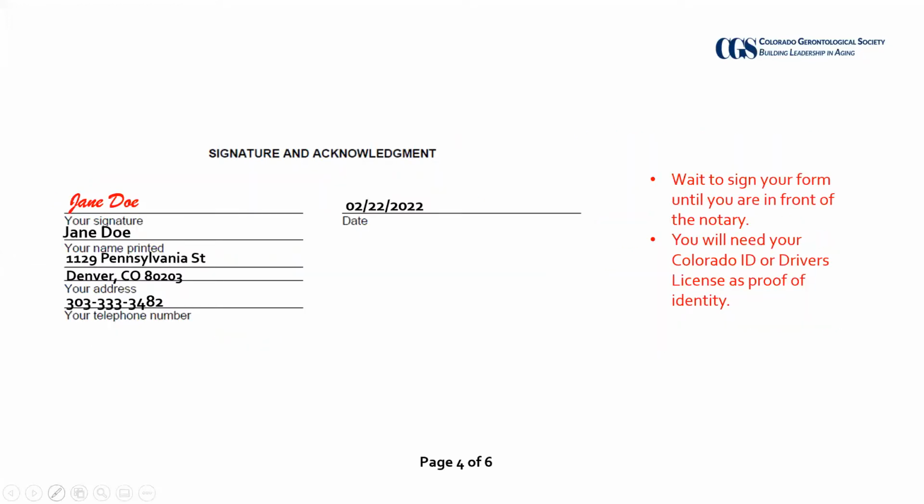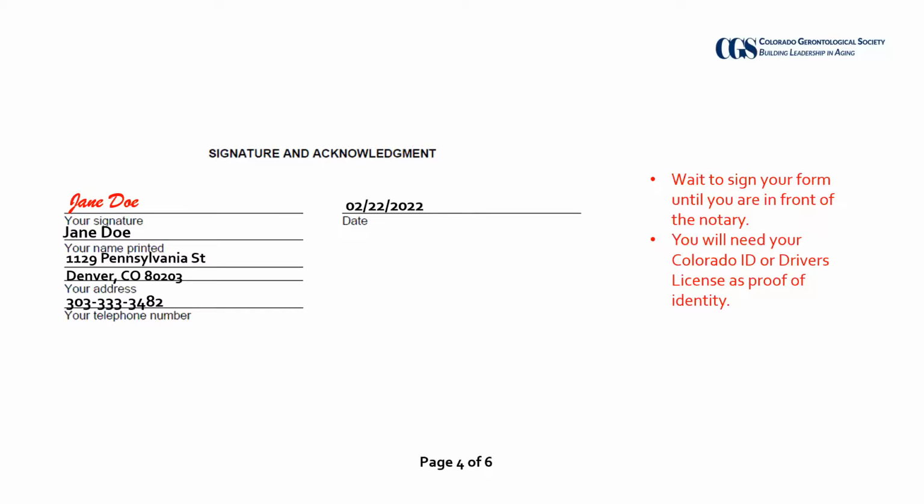So now in page 4 of 6, this is where you will need to sign. Please don't sign this document until you're in front of a notary. The notary will need to make sure that you provide proof of identity. So you will need your ID or driver's license.